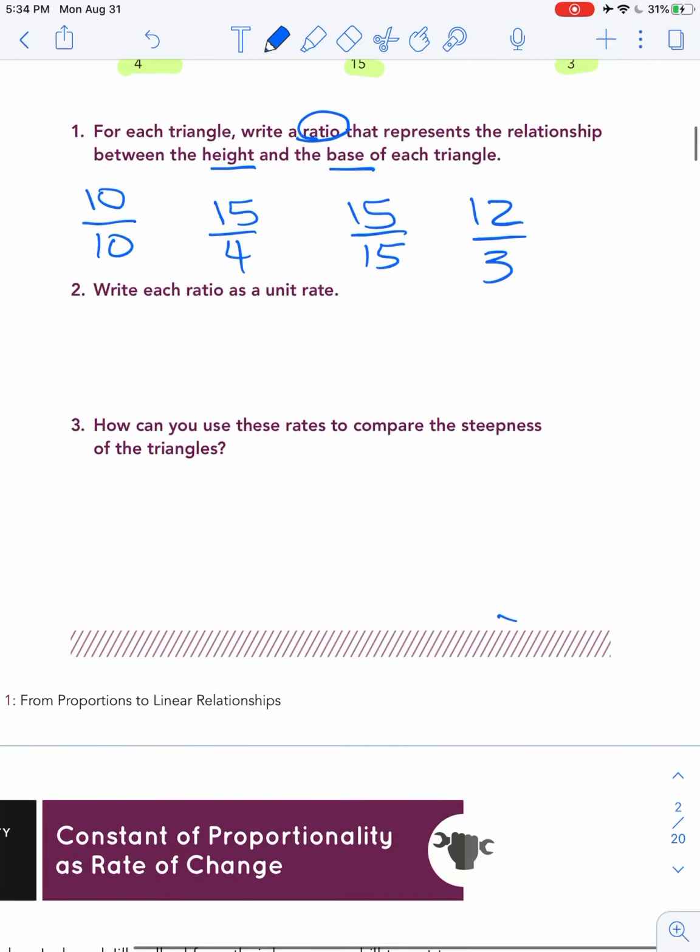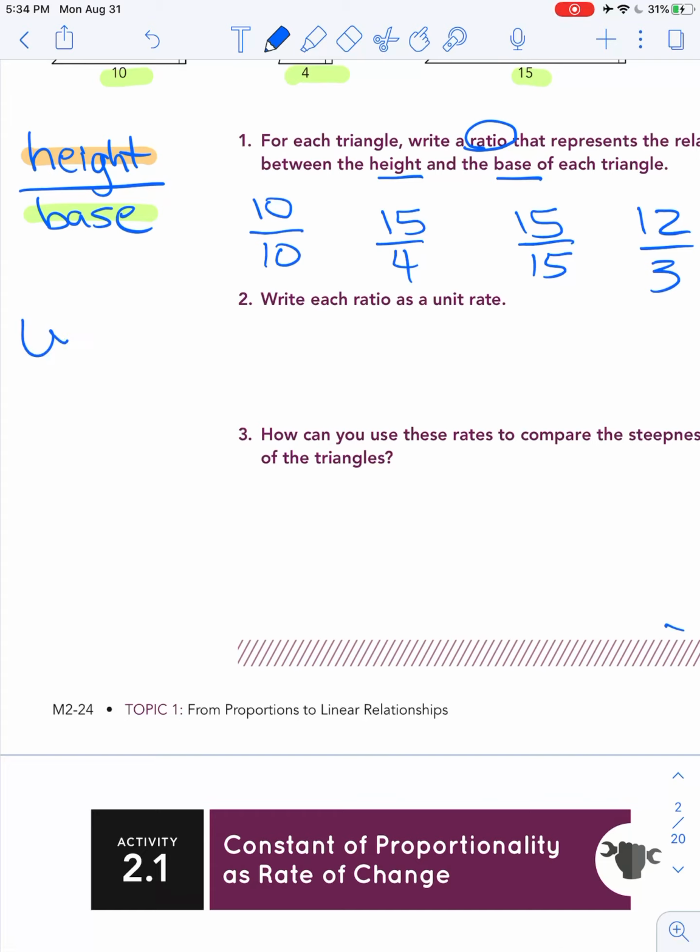But the next one says to find the unit rate. So that means I'm going to simplify it, because remember that unit rate means that it's something per one item. So when you have a ratio, there's going to be a 1 on the denominator.